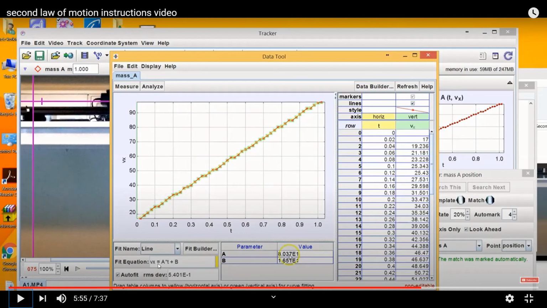This value is equal to the constant acceleration of the cart, and it is 8.037 times 10 to the 1 centimeters per second squared, namely around 0.8 meters per second squared.